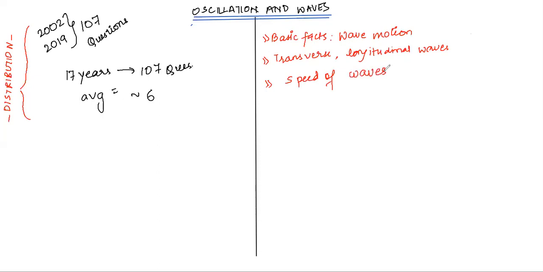Then it talks about the same displacement-time relation which we had read for SHM. A similar kind of expression comes between X and T. Or I'll better write this as, let's say we denote displacement by Y, so the Y, X, T displacement relation.